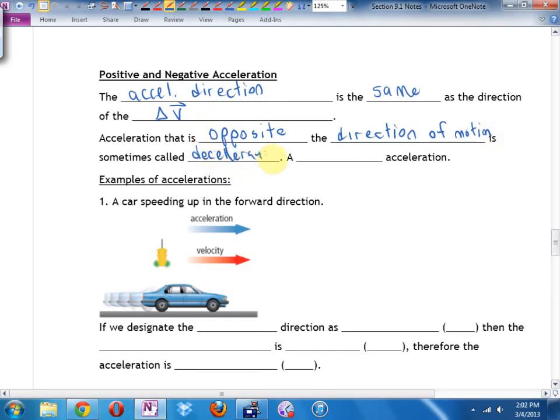You may have heard the term. In fact, that's probably a term that you're most familiar with when you hit the brakes. You guys go for your driver's license tests this year during your grade 10 or 11 year, right? Yeah. So probably in your little manual, it'll talk about when you hit the brakes, you decelerate. Okay. This is really a negative acceleration.